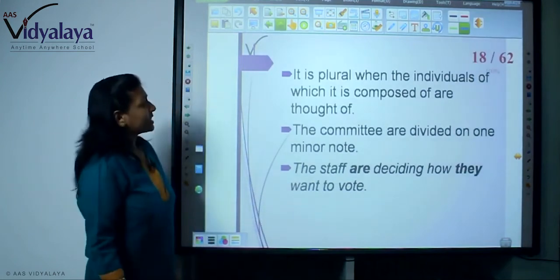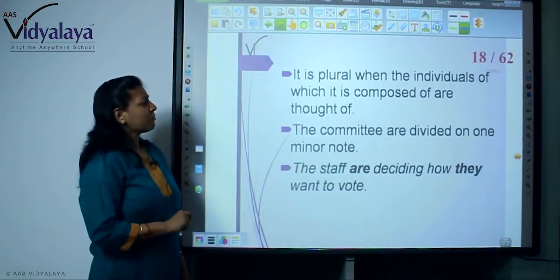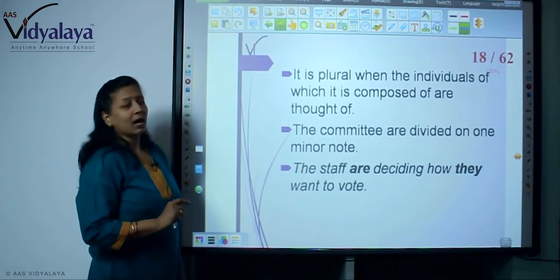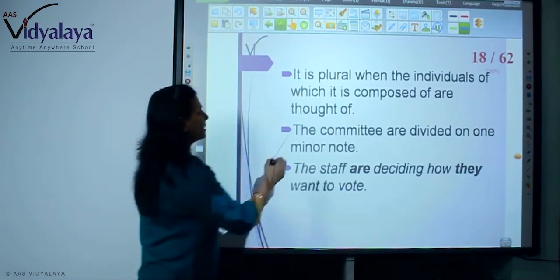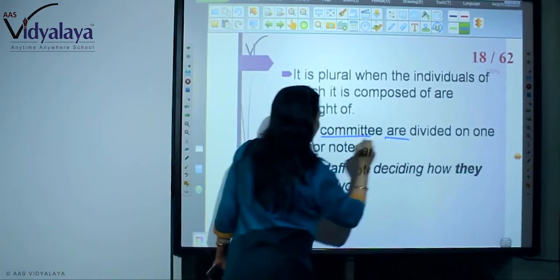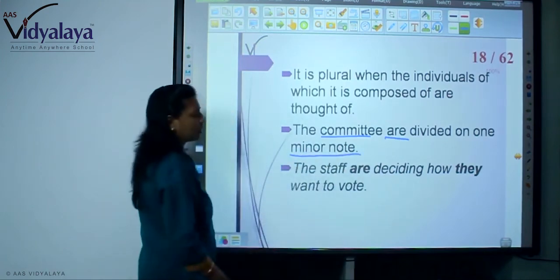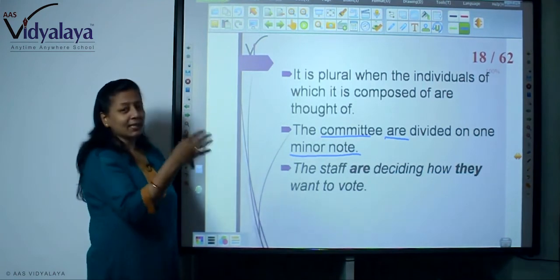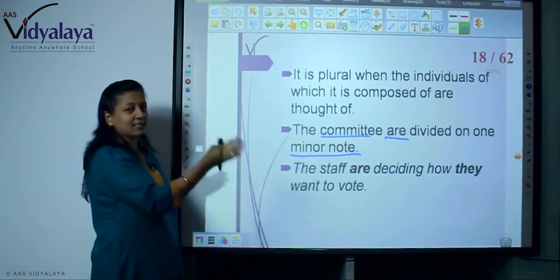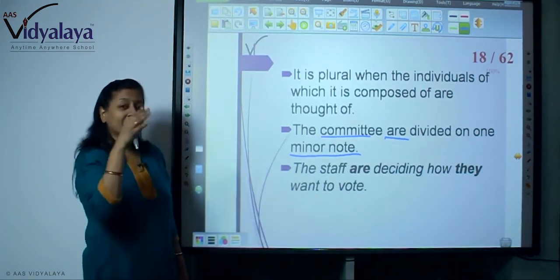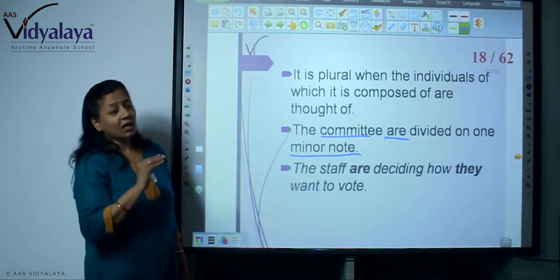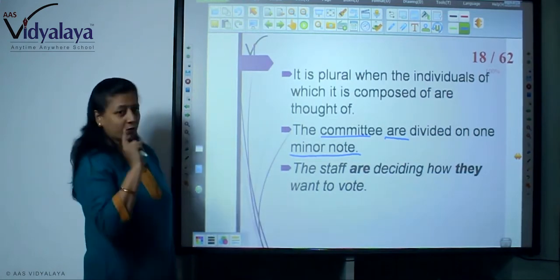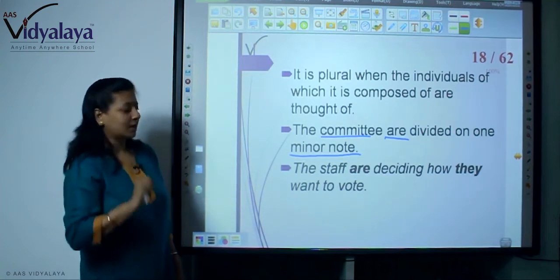Now, it is plural when the individuals of which it is composed are thought of. For example, the committee are divided on one minor note. Each of them has different thoughts. Someone is saying yes, someone is saying no. They are differing from each other individually, so we write the verb "are".